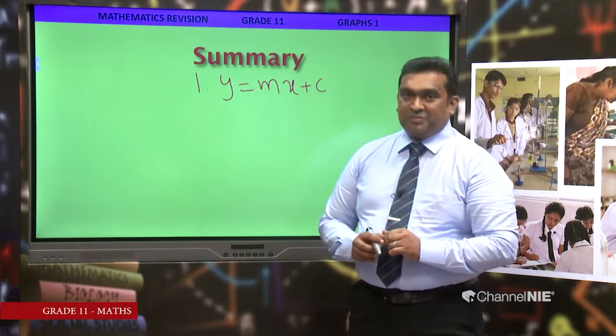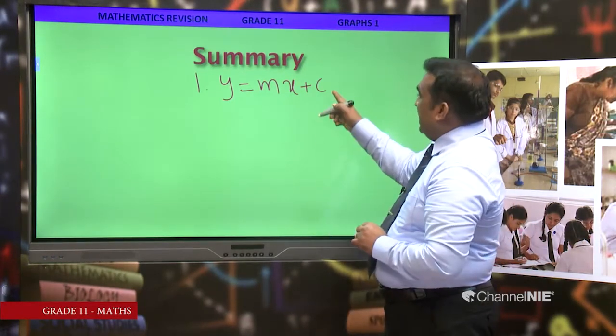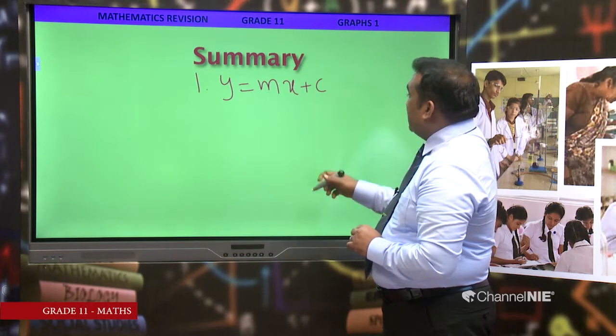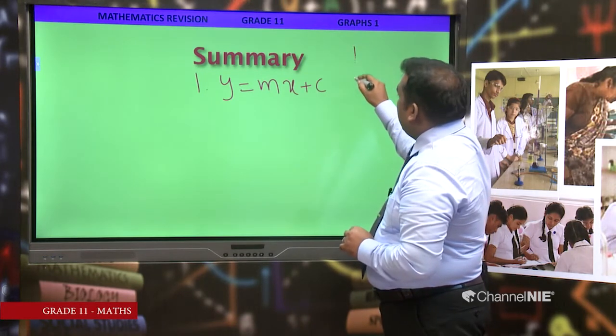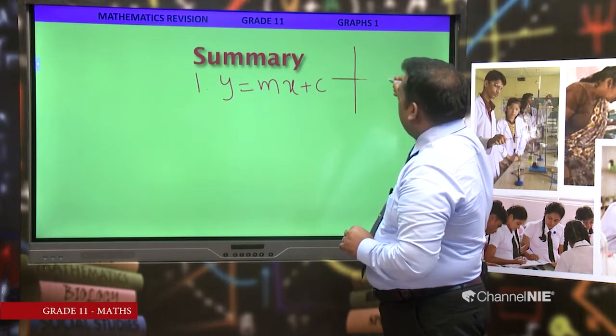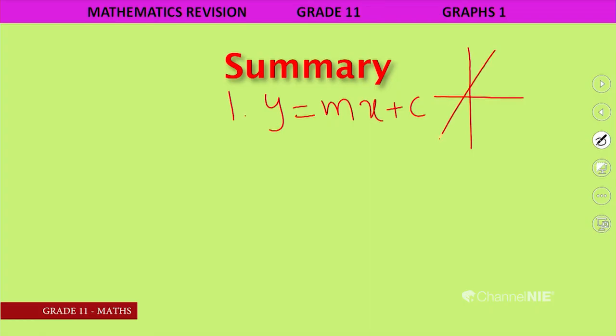Intercept. Intercept means the place where the straight line intersects the y-axis. Suppose this is 1, therefore the intercept is 1, right.